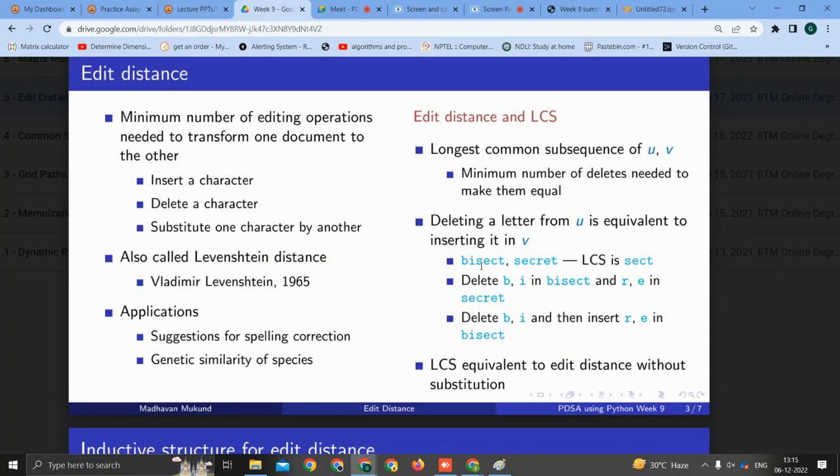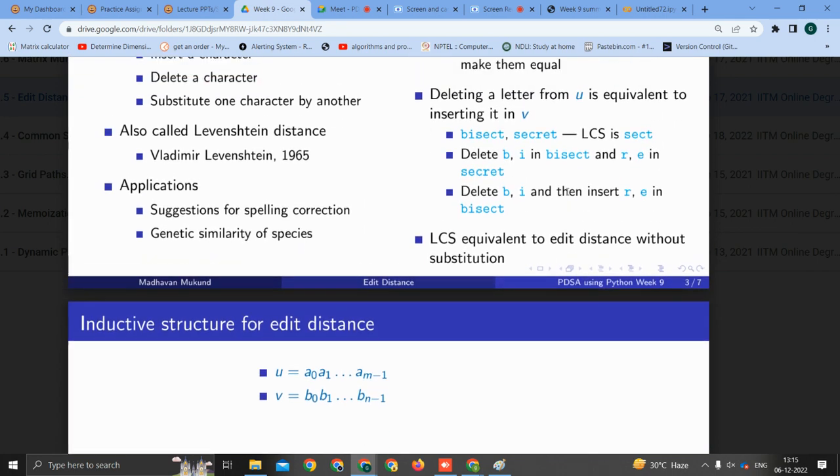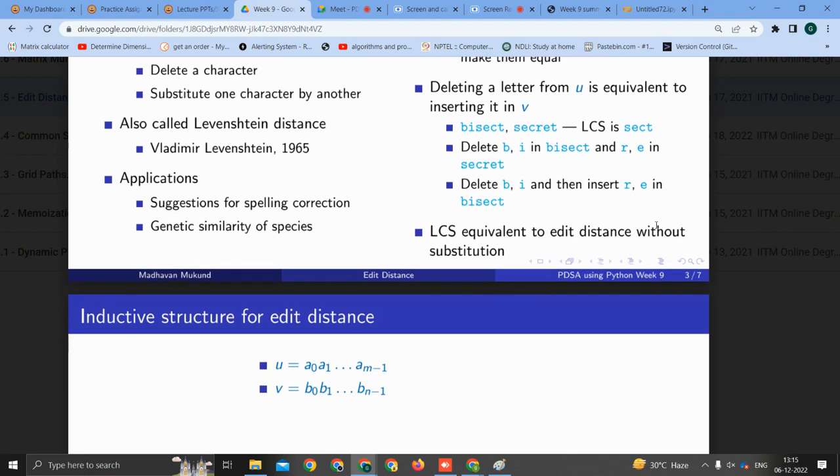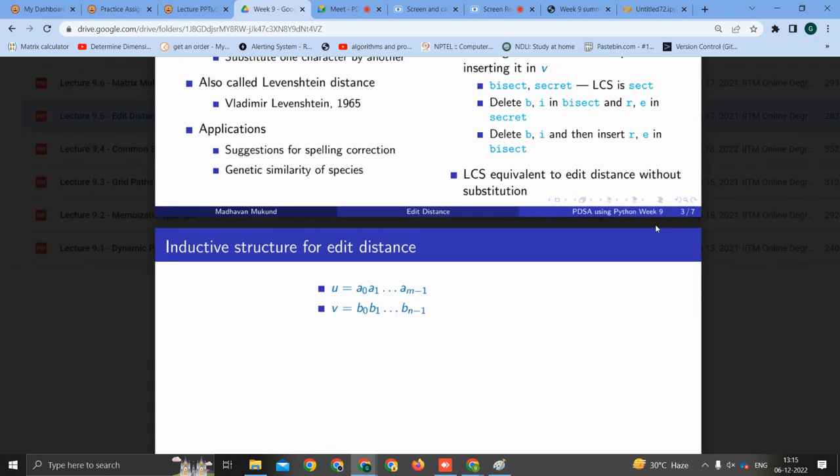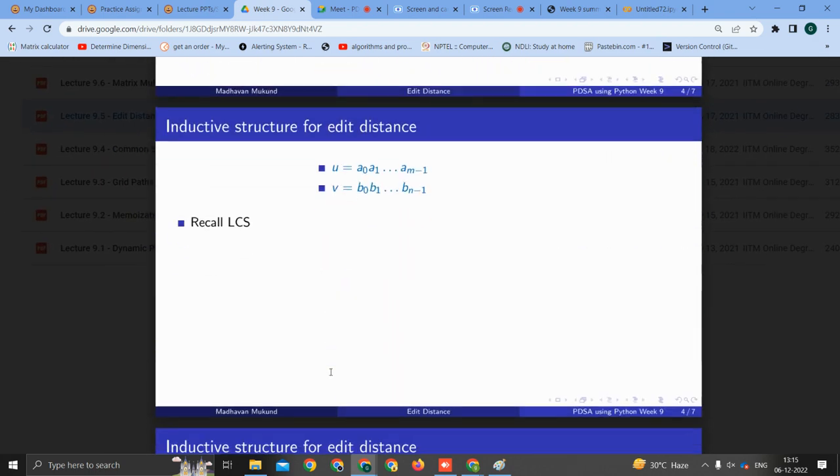What operations have been performed? Delete B, delete I, and SEC is there, and we insert two things, I think, R and E. The T remains the same. So those are the 4 operations.